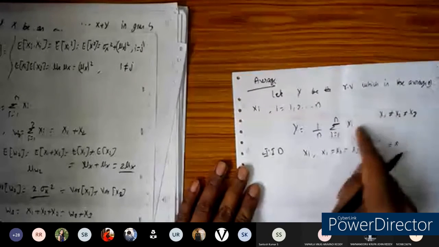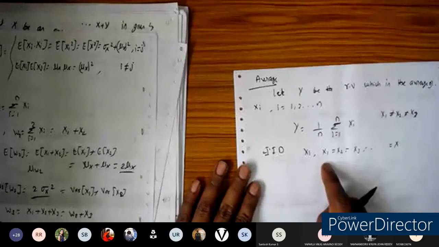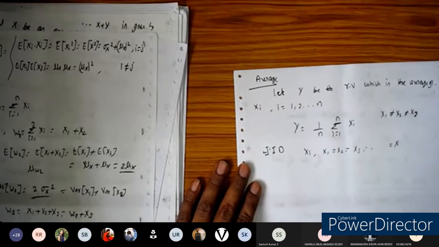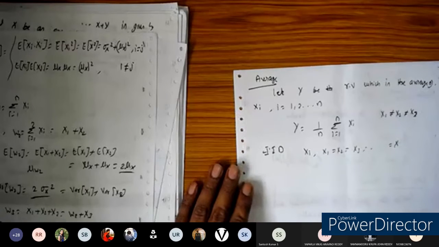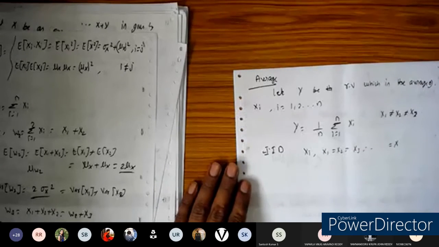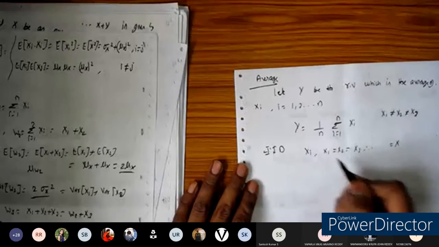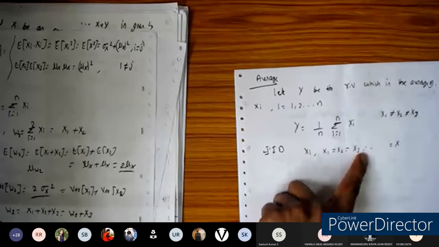For this averages of the normal random variable, I'm going to introduce the concept of the IID. Let xi be the IID random variable, where x1 is equal to x2 is equal to x3 is equal to x.